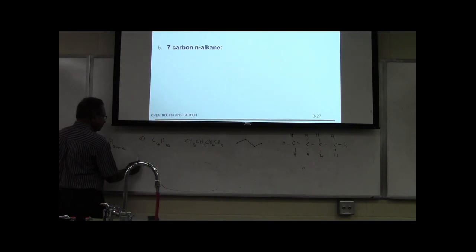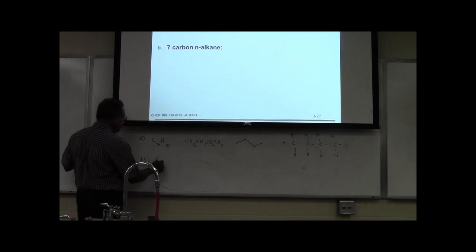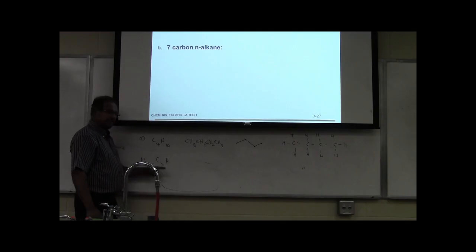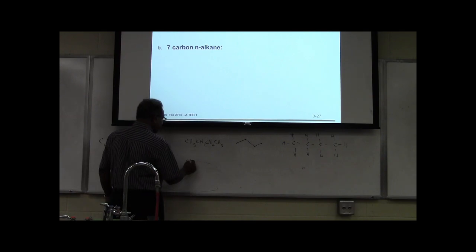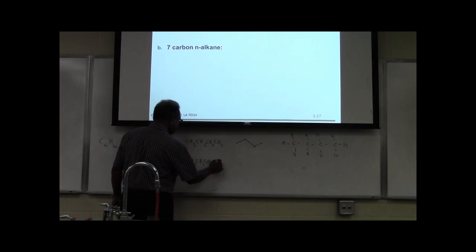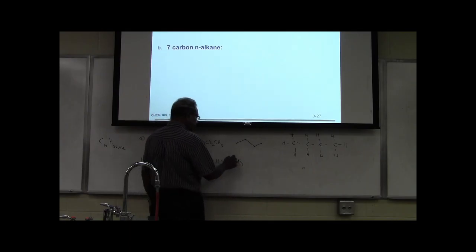Now number B. The problem is 7 carbon atoms. What is that? 16. 14 plus 2. Then what do you write? CH3, CH2, CH2, CH2, CH2, CH2, CH3. 1, 2, 3, 4, 5, 6, 7.